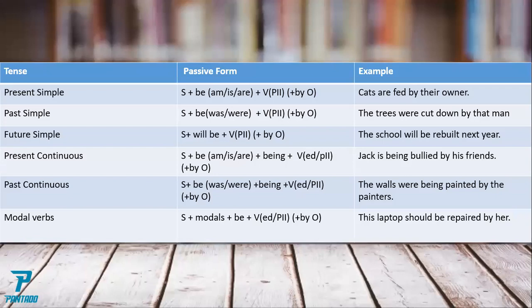Here is the table that will give you a general, an overview look about the passive form of 2, 4, 6 tenses in English. Do you want to take note? We can move to the next section.